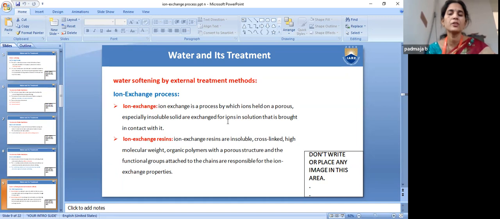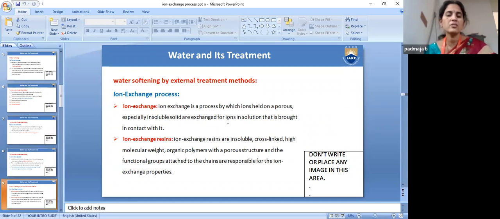The Ca2 plus ions or Mg2 plus ions are exchanged with the porous solid having functional groups H plus. So the H plus ions are exchanged with the calcium Ca2 plus ions, when we are using hard water containing calcium or magnesium with these ion exchange resins.